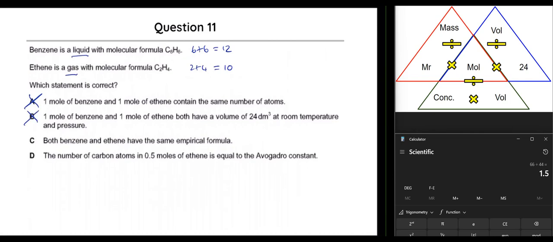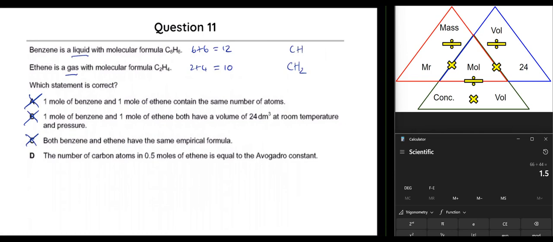Is it that both benzene and ethene have the same empirical formula? Well, if we distill these down, we get to CH because we can actually divide both of them by 6 to get 1. So the empirical formula for benzene is CH. And ethene, if we divide both by 2, we get CH2. So, sorry, C, that's not correct.